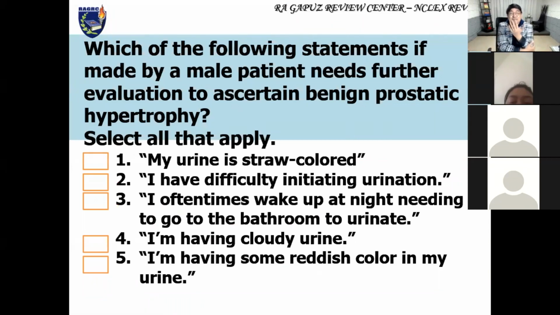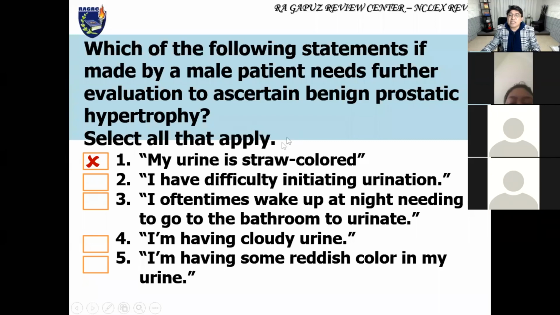Sometimes we are so focused on memorizing medical terms and labels that we forget how laymen, people from different walks of life, will describe the symptom. Straw-colored urine is not indicative of BPH. So we put an X, okay? Sometimes that's normal.